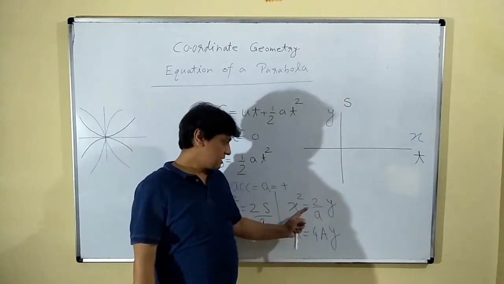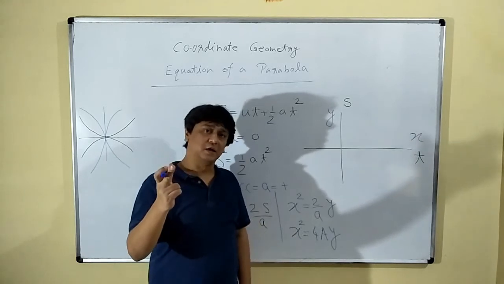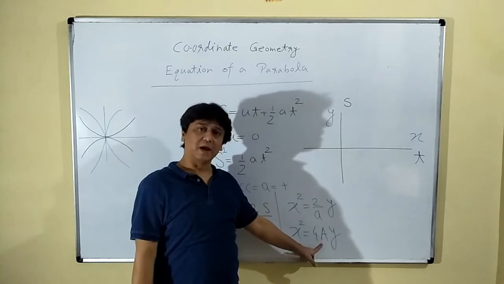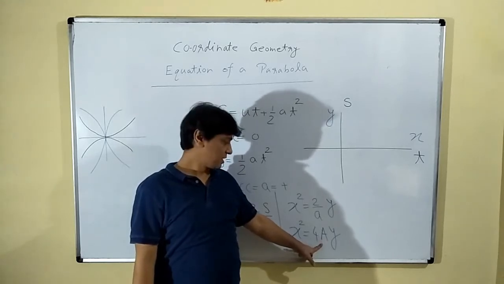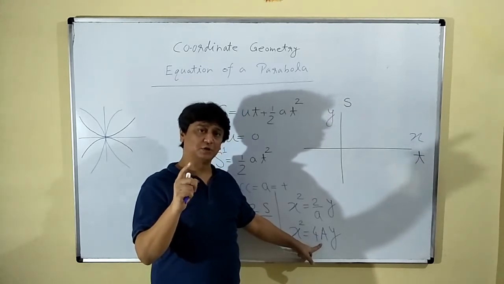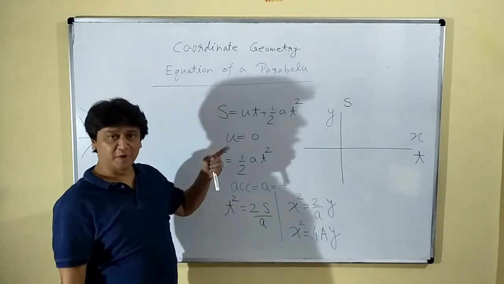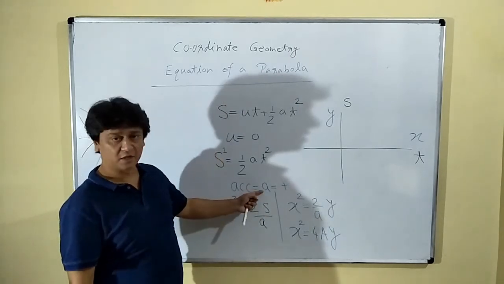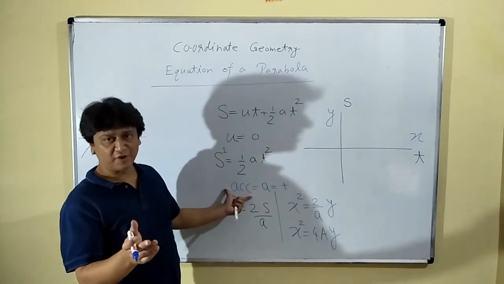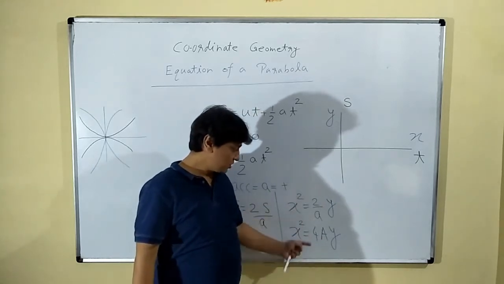Now इस a और जो पैराबोला में a आया था, उन दोनों के बीच में डिफरेंस क्रिएट करने के लिए मैंने अभी यहां पर कैपिटल A यूज किया हुआ है. कैपिटल A क्या शो करता था पता है आपको? डिस्टेंस ऑफ फोकस फ्रॉम ओरिजिन. अभी तक के एग्जांपल्स में उसे स्मॉल a से शो किया था, लेकिन यहां स्मॉल a क्या रिप्रेजेंट करेगा? एक्सेलरेशन. And just to differentiate between these two a's I am using capital A.